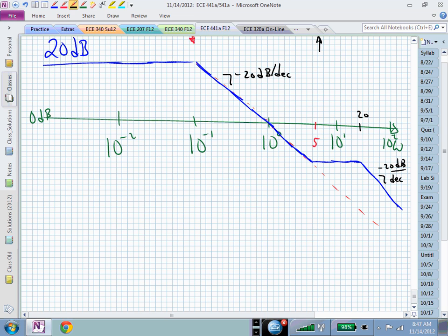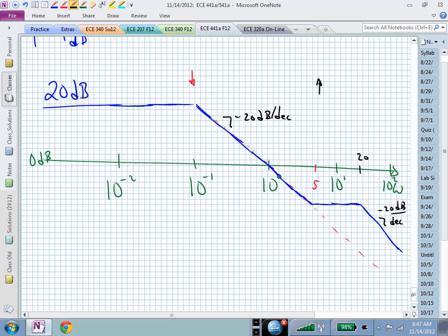And what's our phase plot look like? Well, first off, can you identify the gain crossover frequency? That one's pretty easy, isn't it, for this example? Here is our gain crossover frequency, omega sub g, which is 1 radian per second.